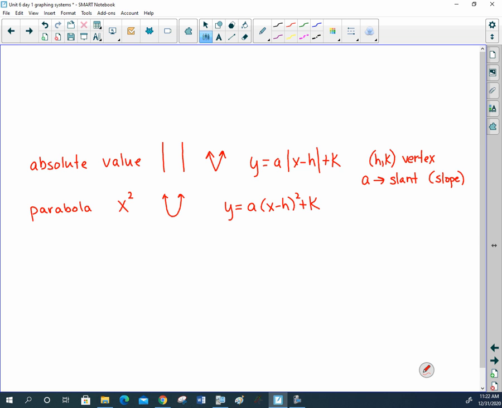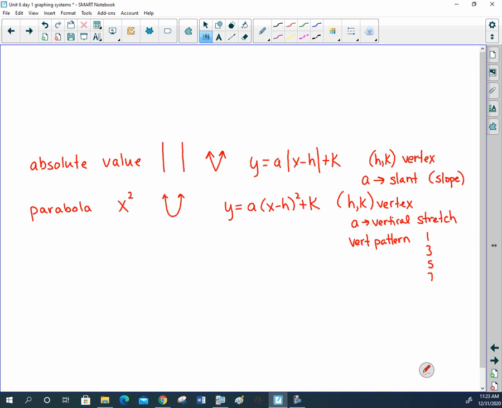Its vertex is HK. And then A is your vertical stretch. And remember in the parabola, we have a vertical pattern of 1, 3, 5, 7.